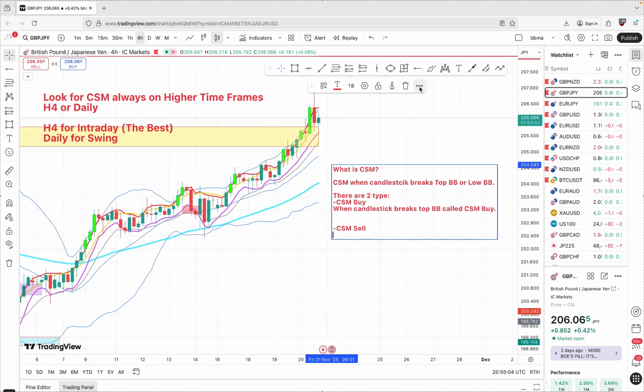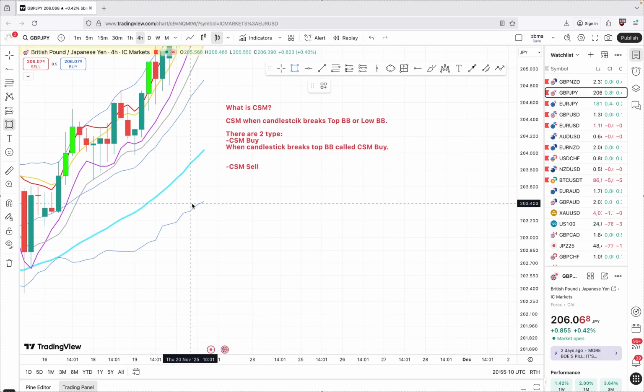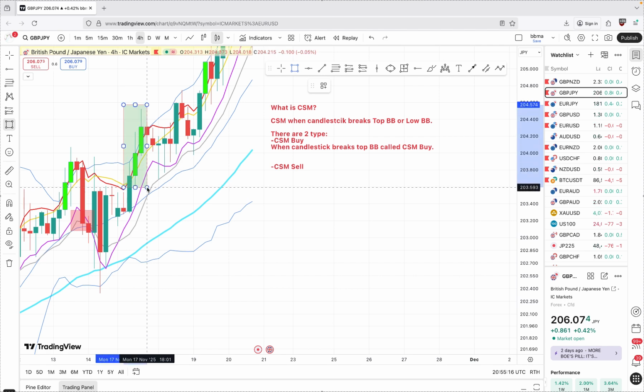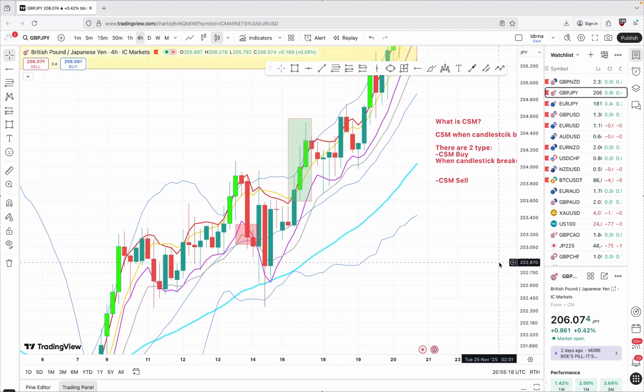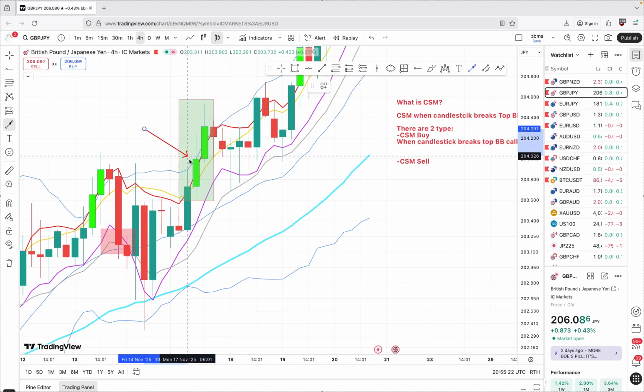So we'll look at CSM buy over here. Let's check this one. These both are CSM buy. You can see the candle colors, so I will recommend you to install this indicator.